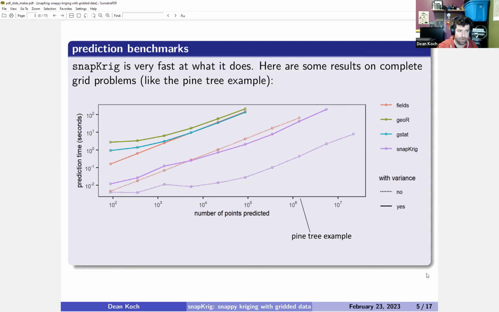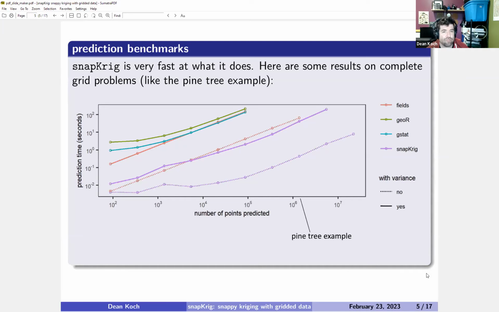And I've highlighted where that pine tree example falls on this axis. And you can see that things get very slow most of the time with conventional R packages. And this has to do with the way that we evaluate the kriging prediction equations. So I'm going to get into details of that. But first, I just want to point out the problem here.